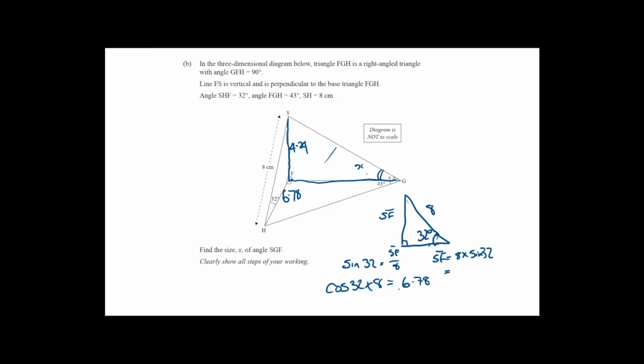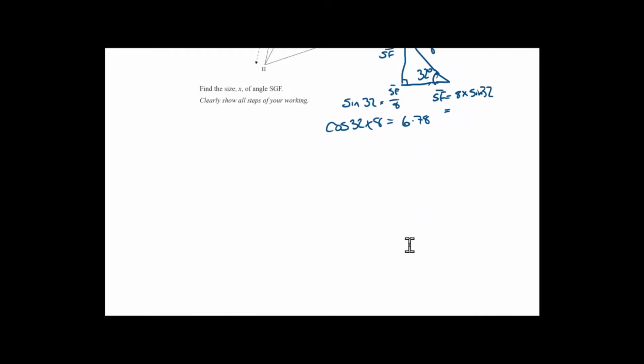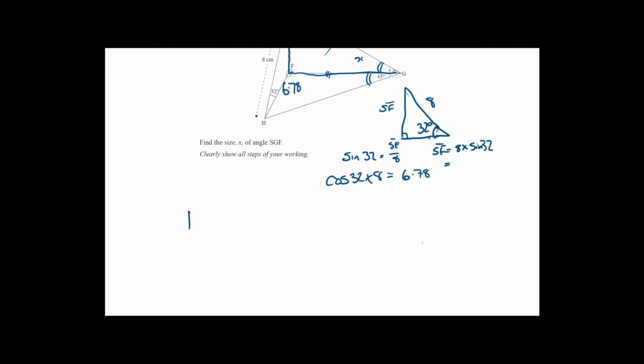Okay, now we've got one of the sides, and we've got this angle here, which is 43. Now we can go ahead and find this side here, which is FG. So FG: the angle is 43, and we are looking for the adjacent side. So we're going to use the tan. If you remember, tan is opposite over adjacent.